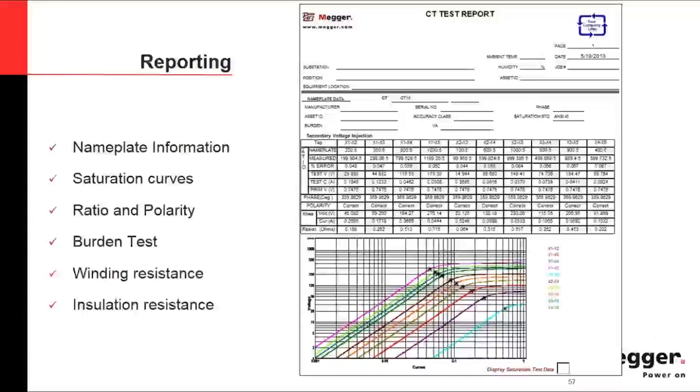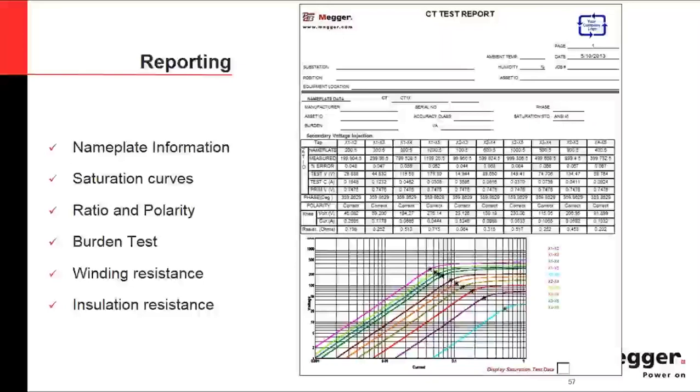After the completion of the test, one of the things that you have to be careful about is reporting. Make sure that on the final report that you're providing to your customer, or for you as an end user, you have complete nameplate information. When you fill out the information of the nameplate, you define the class, the accuracy. You define if this is an ANSI standard CT or if this is an IEC standard CT.